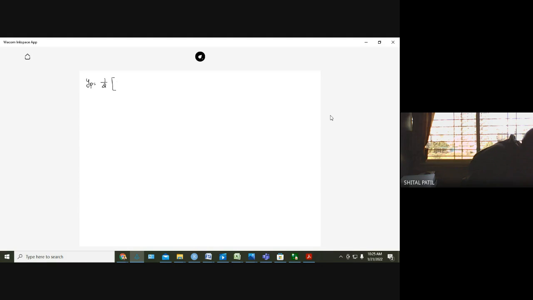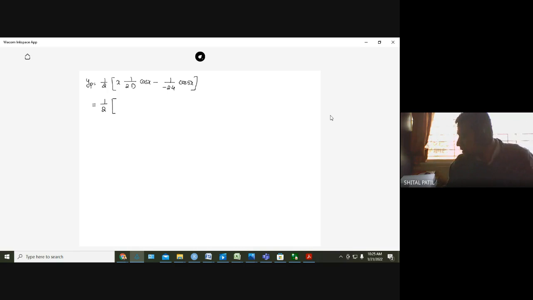So second formula. Complete the remaining part of the example. I have to change the page.